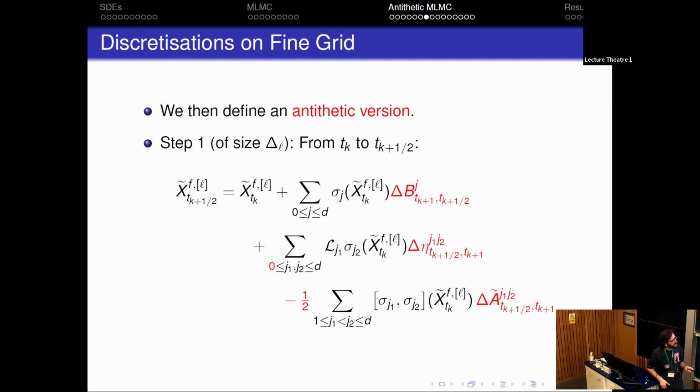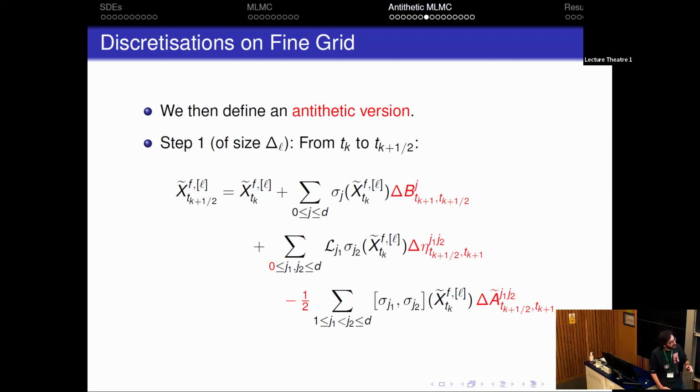I think something extra that we add here is the treatment of this term because it appears in our own scheme. And again, we use the same trick as in Giles and Szpruch. And again, there is a switch in the sign. Tricks. Okay, there's nothing super deep happening here.